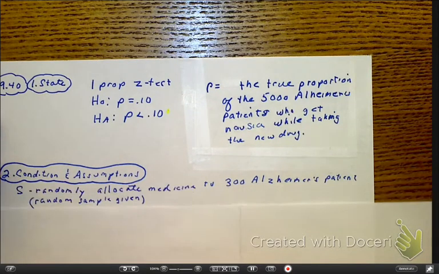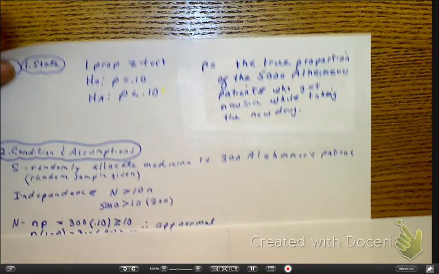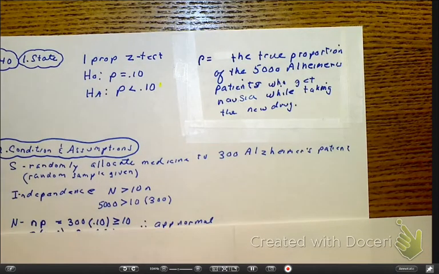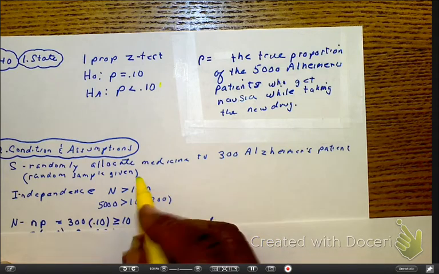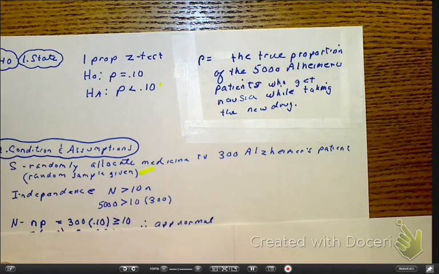Now let's look at step 2, our conditions and assumptions. Remember the idea of looking at our SINS. Here a random sample was given. I was thinking that it was random allocation because they randomly chose who they were going to give the medication, but you don't have to worry about that. What I've just checked off is sufficient.